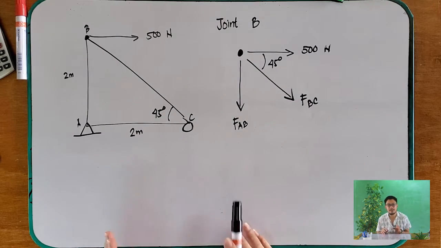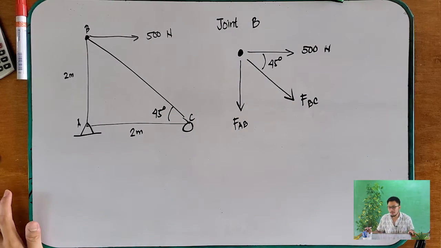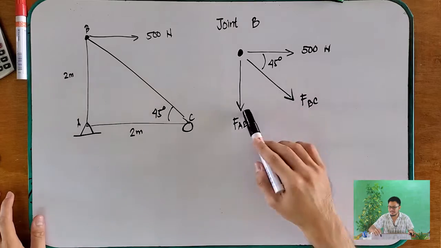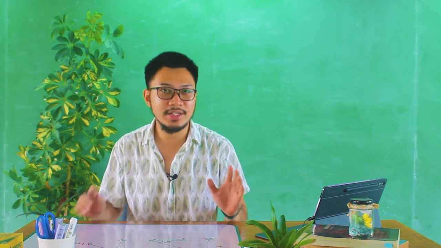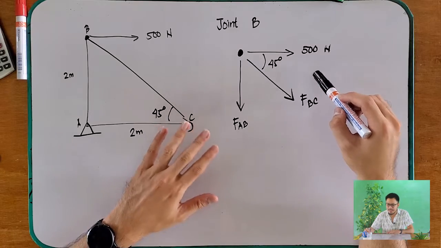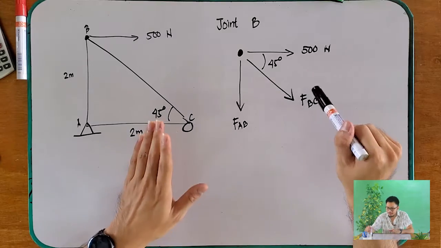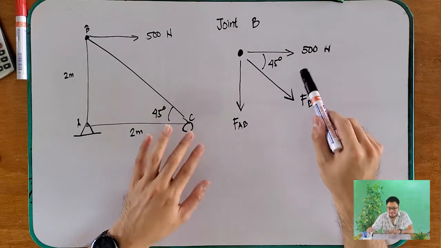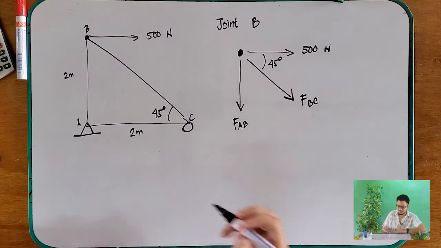So, how can we solve this one? So, for you to be able to solve these two unknowns, you can use the two equilibrium equations. What are those equilibrium equations? Your summation of forces along the x and the summation of forces along the y. So, if you are going to look at this one, di ba, mas nindot ko mag-solve ka una kung usa lang ka unknown. And if you are going to sum the forces along the y, what will happen?